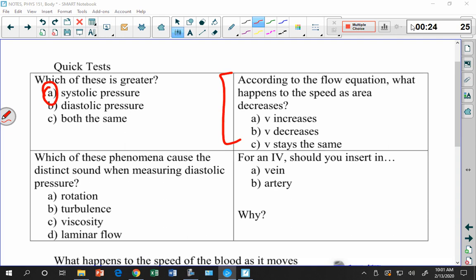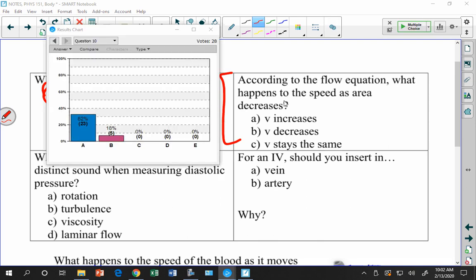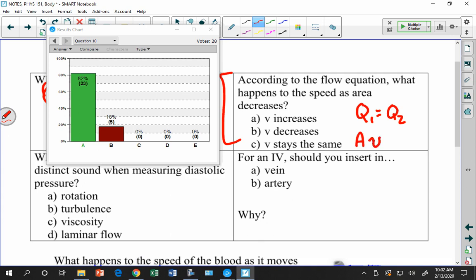I'm going to stop at 30. Okay, A is right. The flow equation, Q1 equals Q2. It just says that the flow rate is constant, so A times V is equal to a constant value. That means that as area decreases, the speed increases, so A is right.